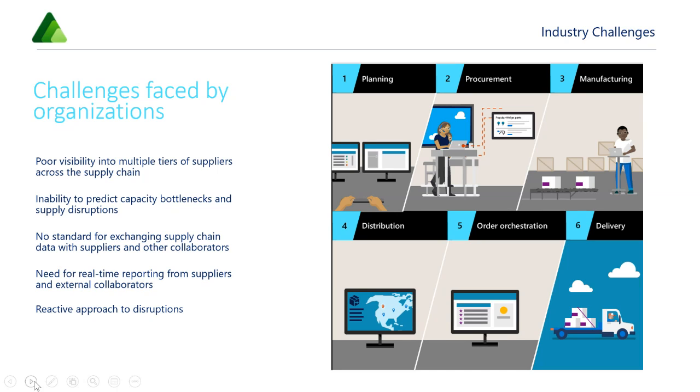They also had challenges understanding where their bottlenecks were and where some of their diamond-shaped supply chains were happening, where many suppliers were getting supplies from a single tier 2 supplier, where if that supplier was disrupted, they would have disruptions across many of their tier 1 suppliers. So where were the bottlenecks?